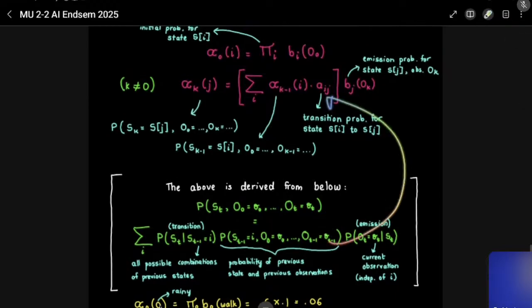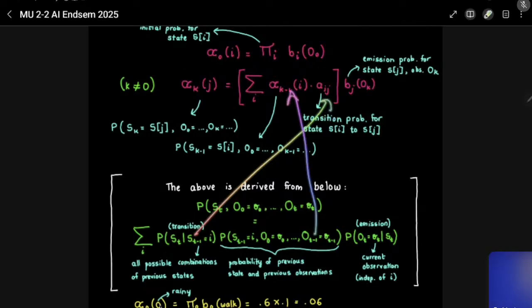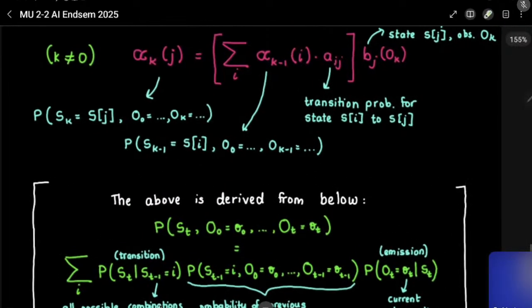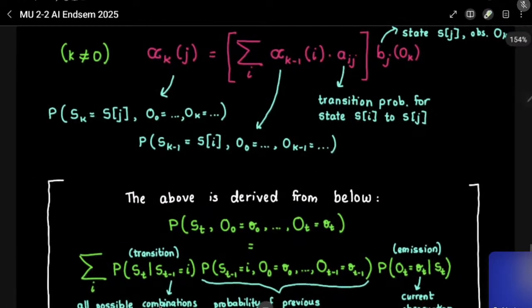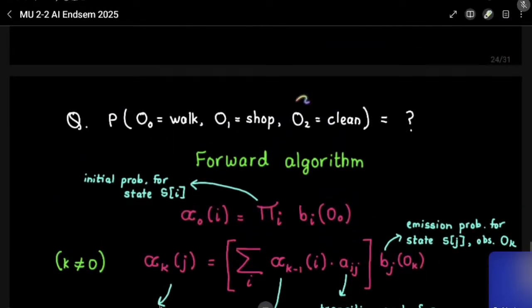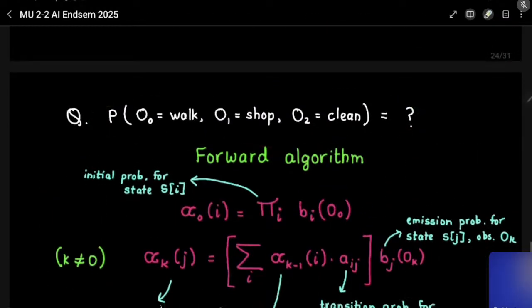This is how we got this. You have the transition, you have dependence on the previous probability, and then you have the emission as well. So this algorithm is derived from probabilities only. So you can choose to either use this algorithm or stick with probabilities. This problem is for finding the probability of a sequence of observations.